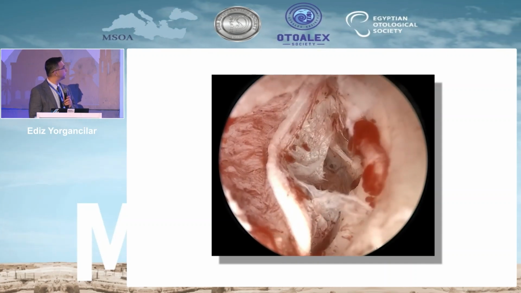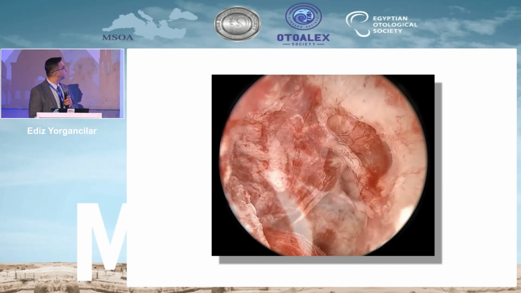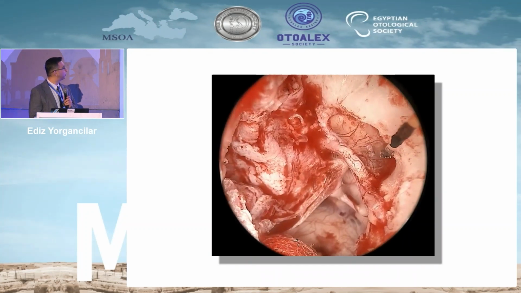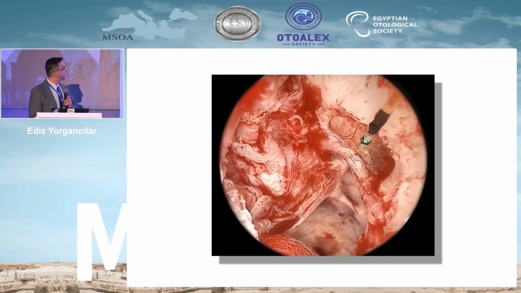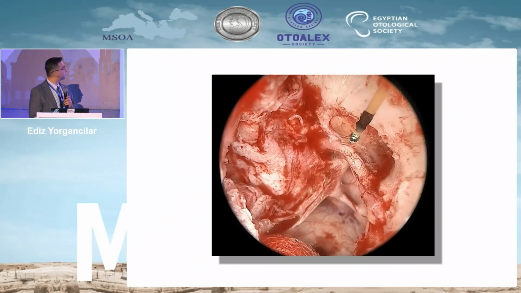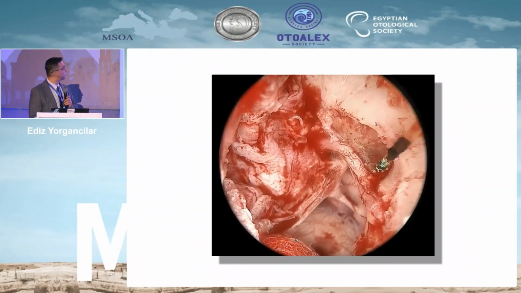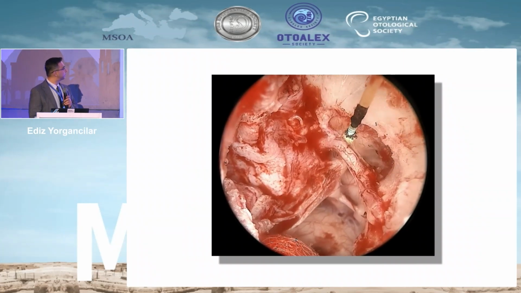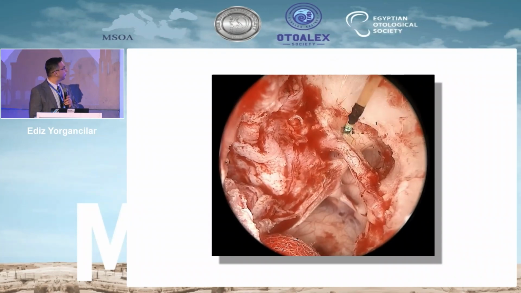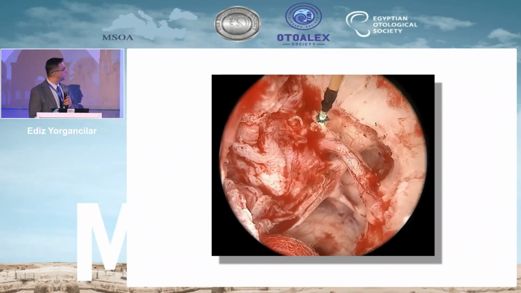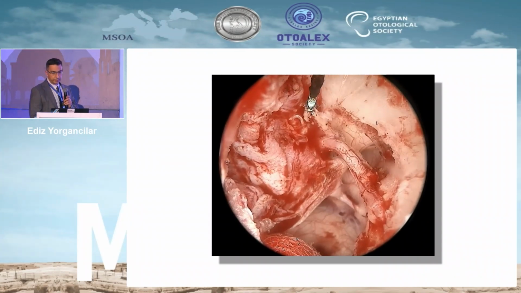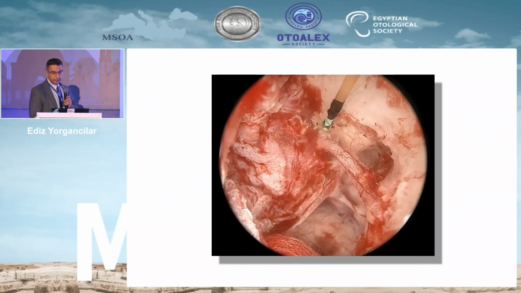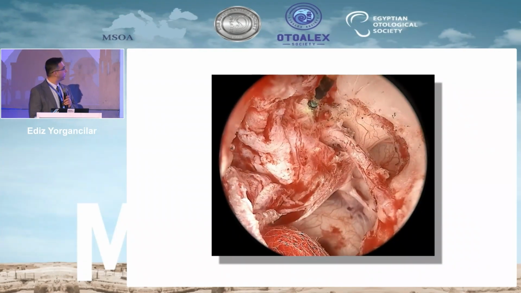And now we try to coagulate the mucosal capillaries with a laser, and then we can use such a blade, and then we will dissect the adhesion around the incudostapedial joint area.